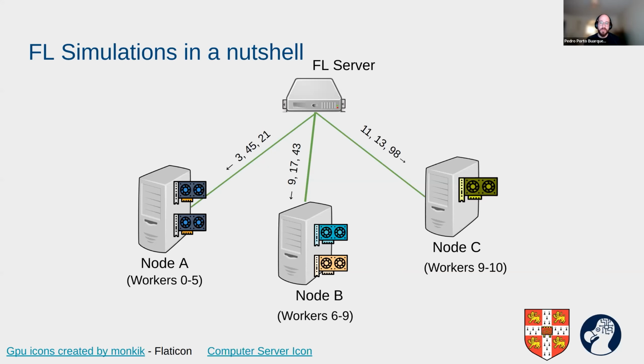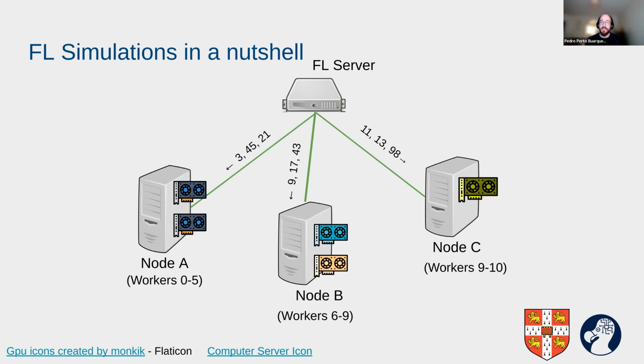Each of these nodes are servers having multiple GPUs, and you want to allocate these clients, these virtual clients, as Flower also uses, to these different nodes, and hope that they will train those clients in reasonable time, give you back their trained model. You aggregate in your server, and then you continue performing the round.